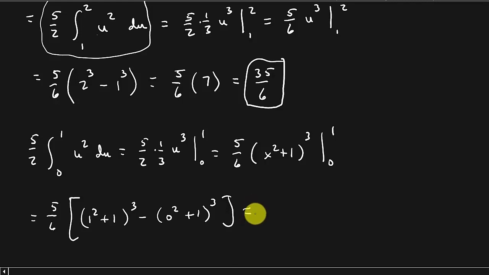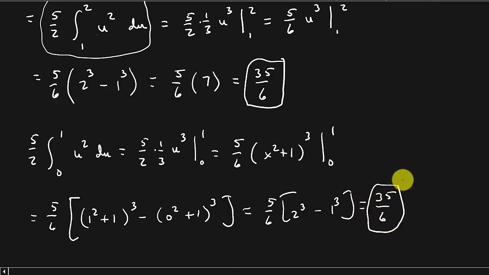Okay, and you're going to get the same thing. So that's going to be 5/6 times 2 cubed, since 1 squared plus 1 is 2, and then minus 1 cubed. And you can see we're going to get 35/6 again.